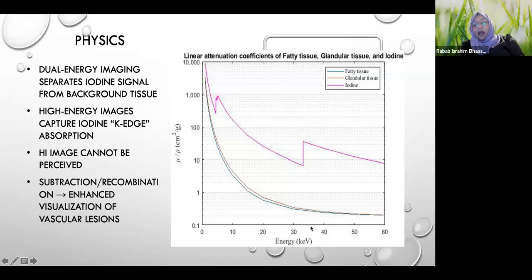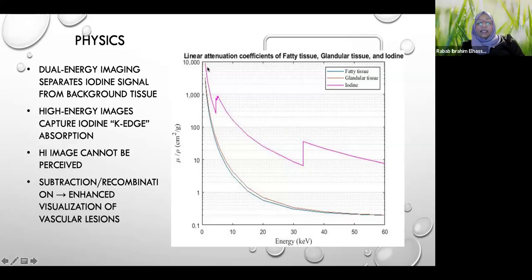But when we take a high energy image, typically between 44 and 49 kVp, then that exceeds the K-edge of iodine, and this is where iodine is of high density on the images we see.